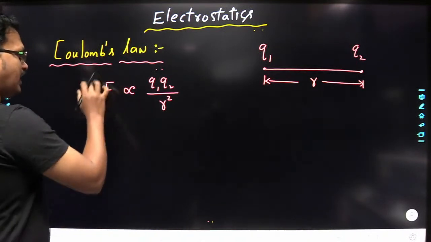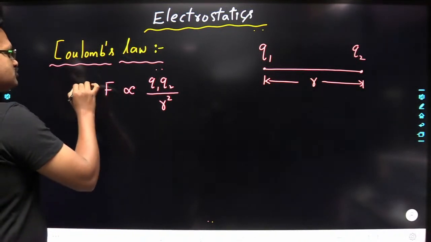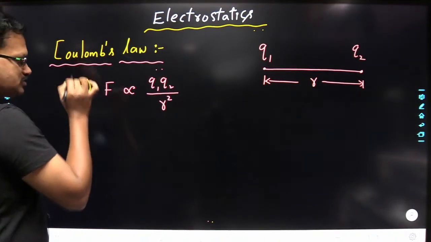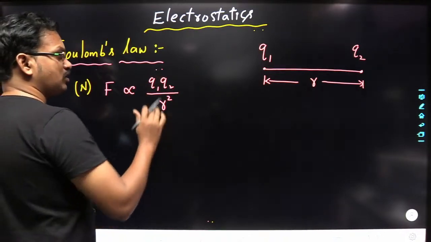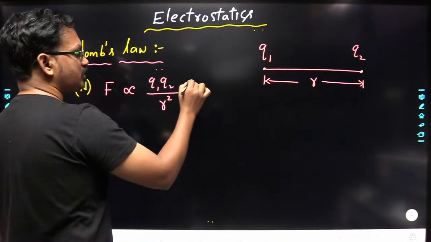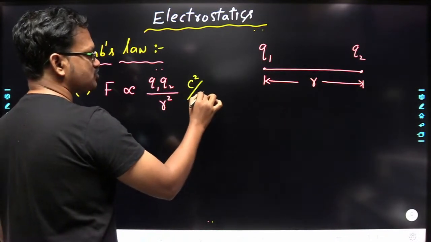Because on the LHS, what are the units of force? The units of force are newtons, yes or no? And the units on the RHS: here you have Q1 into Q2, so the units are coulomb square, per R square, meaning meter square.